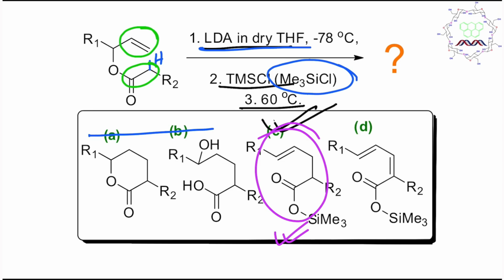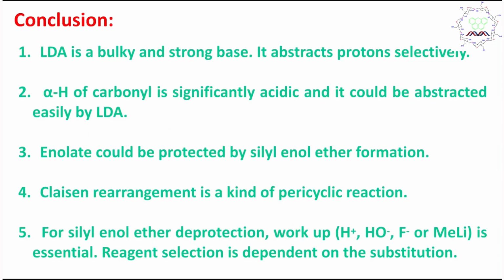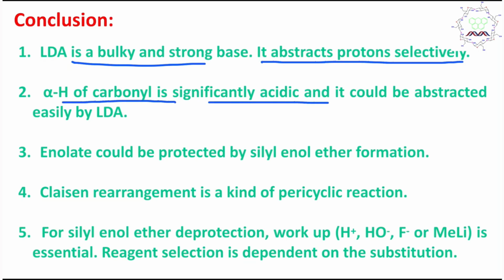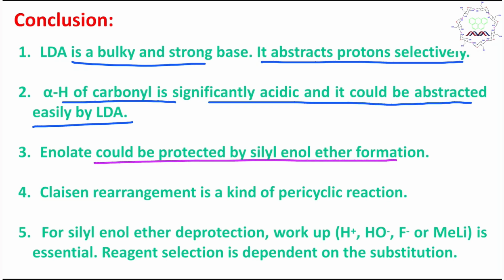So in conclusion, what we have learned is that LDA is a bulky and strong base. It abstracts protons selectively, and the alpha hydrogen of a carbonyl is significantly acidic such that it can be abstracted easily by LDA. The enolate can be protected by silyl enol ether formation.